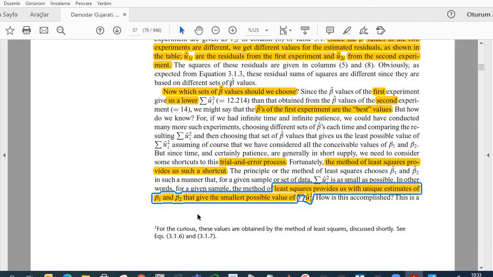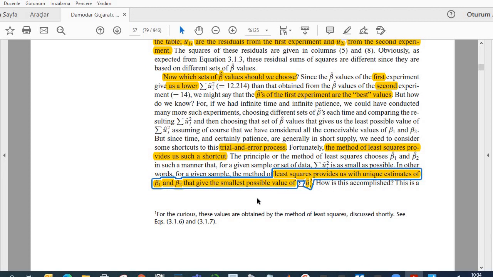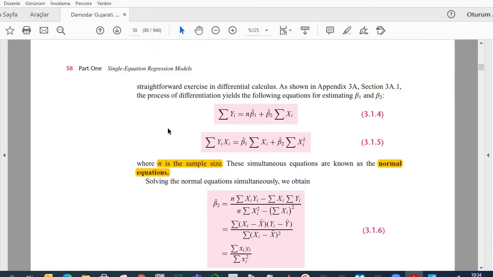So by using this simple methodology, instead of lots of trial and error, we directly obtain beta 1 and beta 2 using the ordinary least squares methodology.